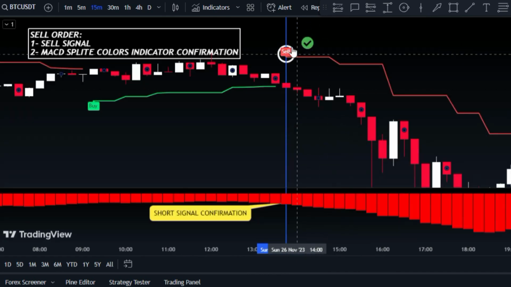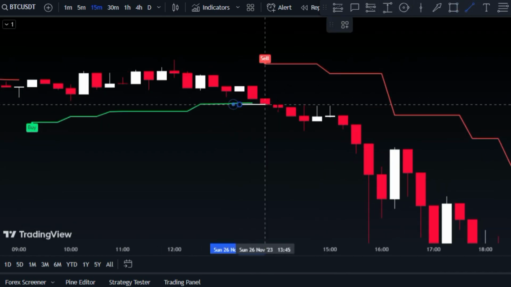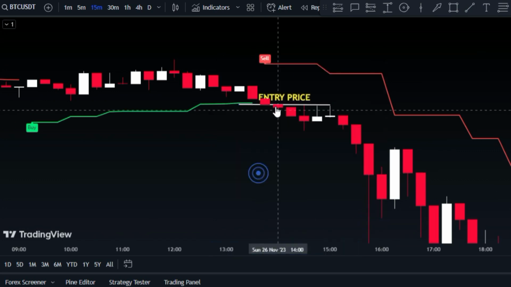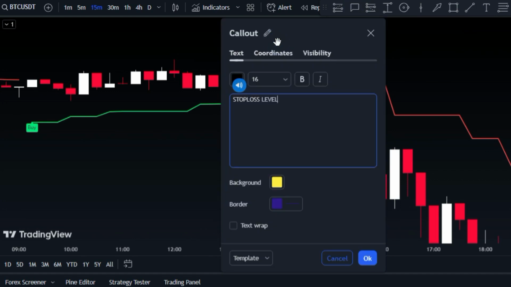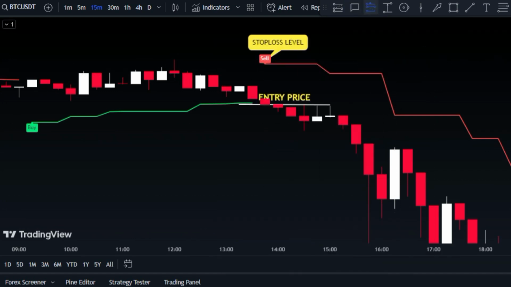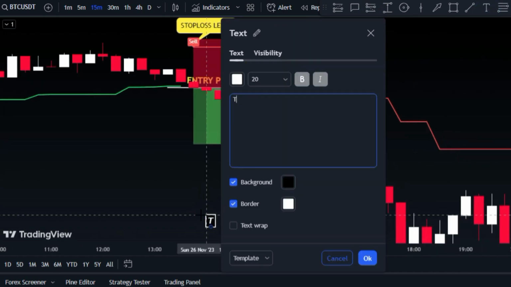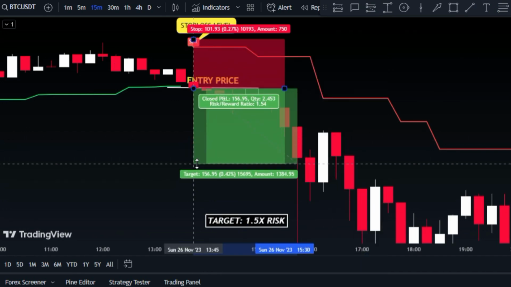Once you've got the green light, place your sell order. And then set the stop loss using the super trend line as your guide. Then keep in mind your risk to reward ratio and aim for 1 to 1.5 profit for optimal results.